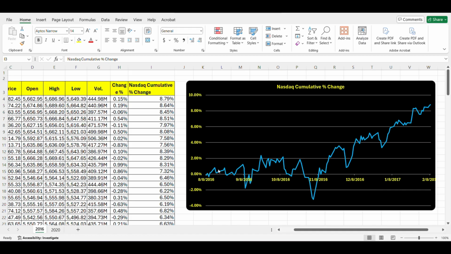So you see that in 2016, 3 months prior to the elections, lots of volatility, no clear trend. But after the elections, you see that NASDAQ started going up. It's about 9% from August 8, 2016 through February 8, 2017.